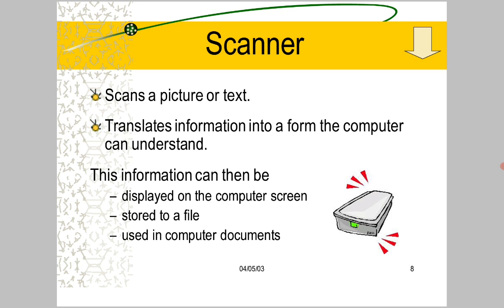Generally scanners are used to scan a picture, a document or a letter, and save it as a computer file like JPG, JPEG and so on. So scanners are used to scan pictures, text or any information in digital format.